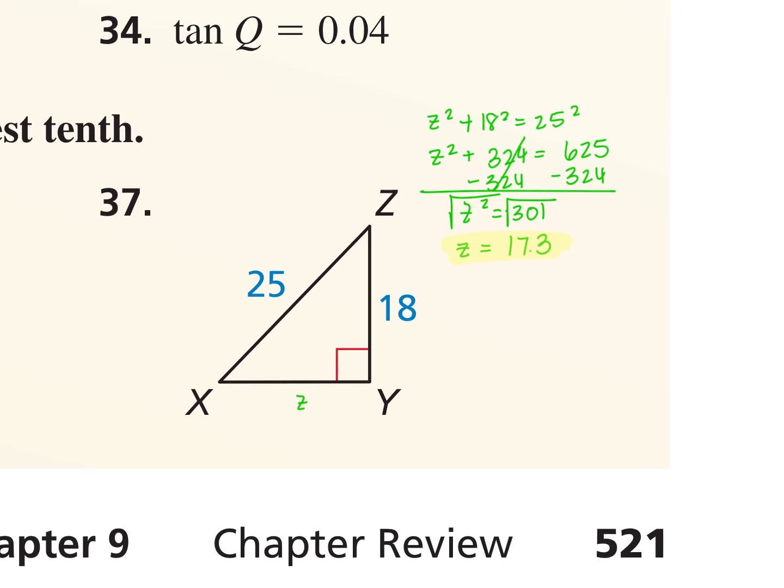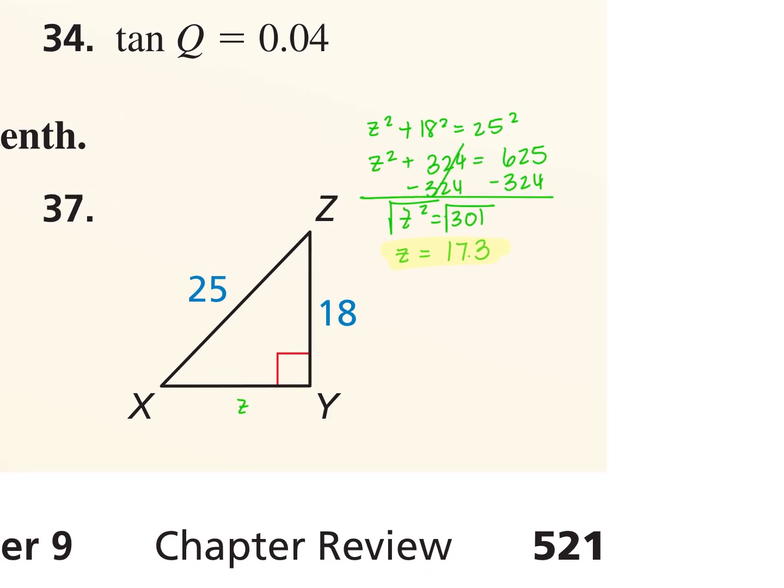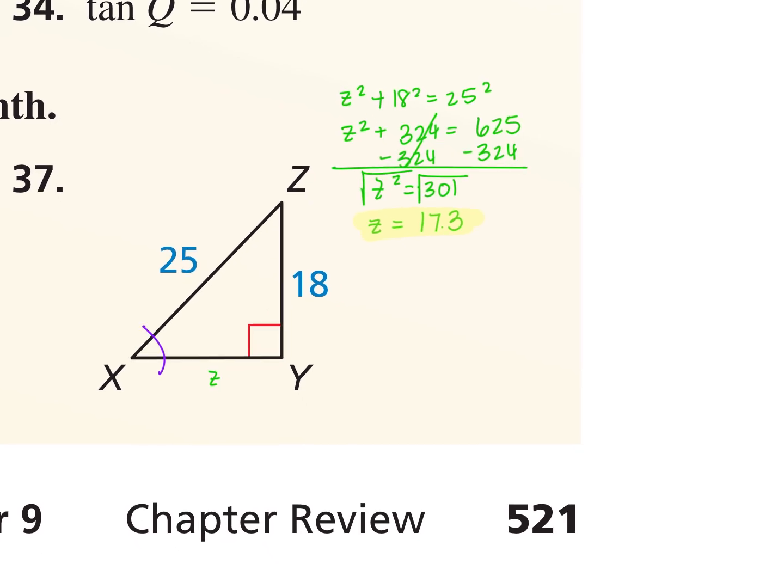Now I'm going to go ahead and solve for an angle. Looking at my angle, I'm going to solve for x using SOHCAHTOA, same thing as I did before. I'm going to use sine x equals opposite over hypotenuse, solving for my angle using the inverse sine of 18 over 25. Rounding to the nearest tenth, angle x equals 46.1 degrees.